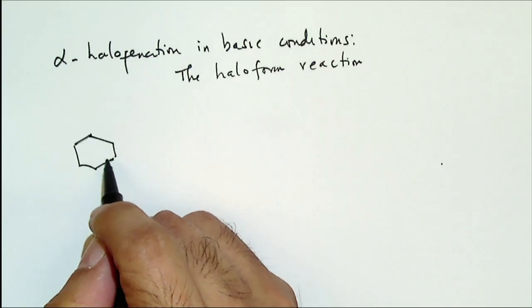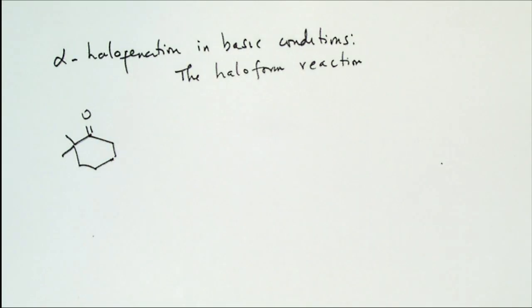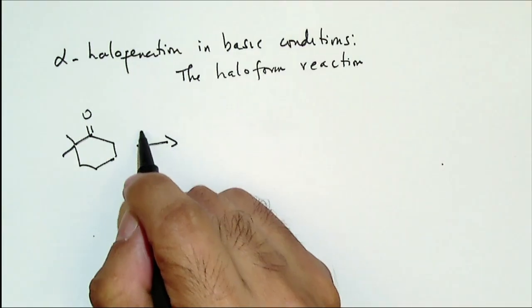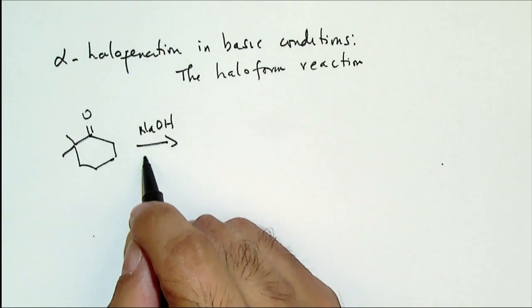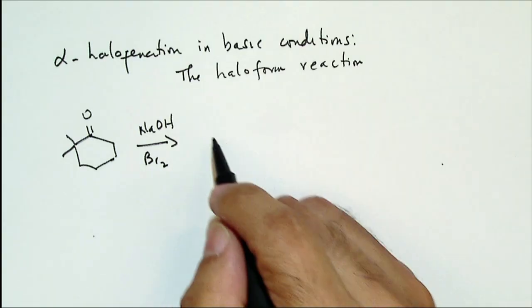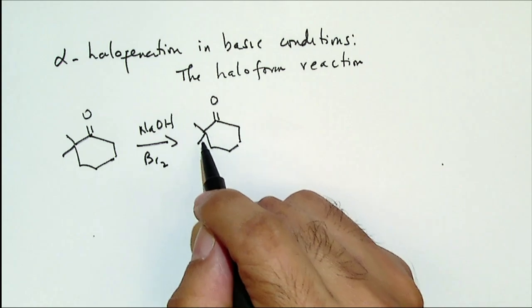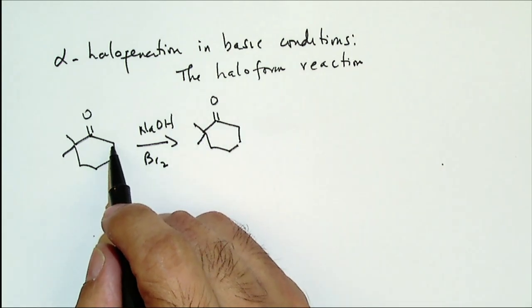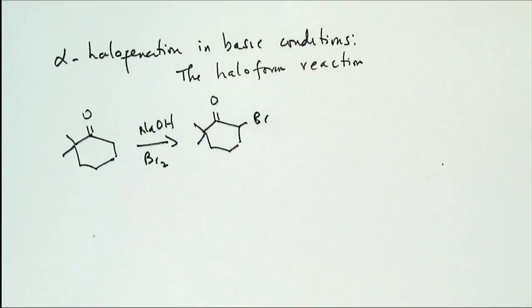If I were to have the following ketone, I can treat this with sodium hydroxide. That's why this is under basic conditions, and bromine. And what I will end up making from this is that at the one alpha position that can be substituted, I'm going to add a bromine.